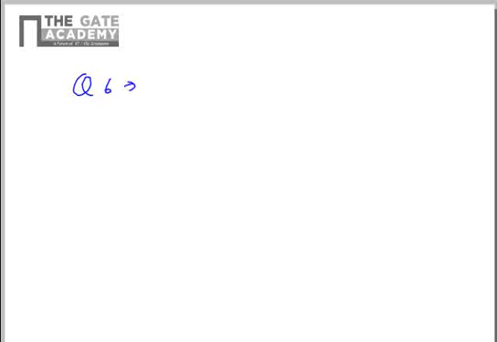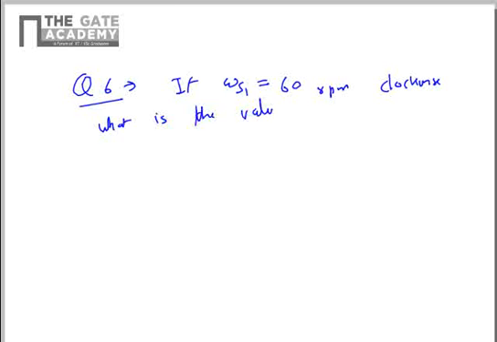The second part of the question is: if omega S1, the input sun gear, is rotating at 60 rpm clockwise, what is the value of omega L, the leg velocity? We are not talking exactly in terms of omega, we are talking in terms of n here because this is rpm.